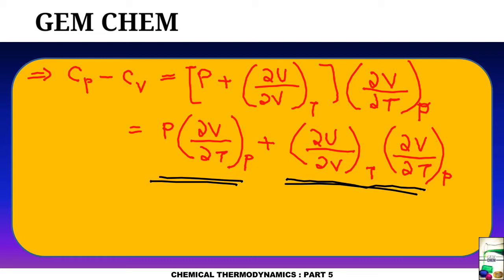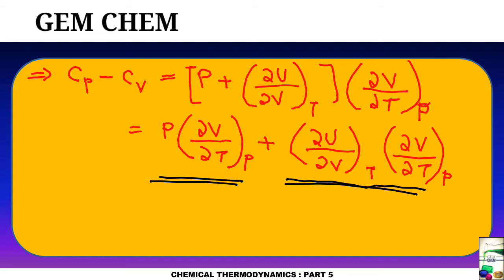And the system has done some work, PdV, change in volume. Thus heat supplied is utilized to do mechanical or expansion work. And then the temperature rise is also used to do work against intermolecular force of attraction. So work done at constant pressure is much greater than work done at constant volume.